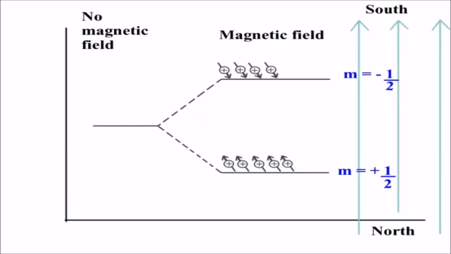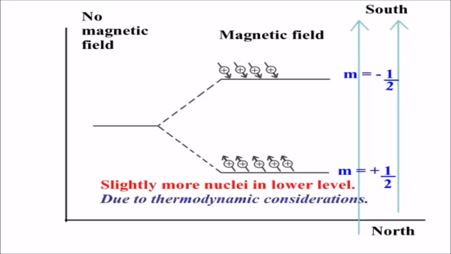The ones that align with the magnetic field will be in a lower energy state, and they're assigned m equals a half.